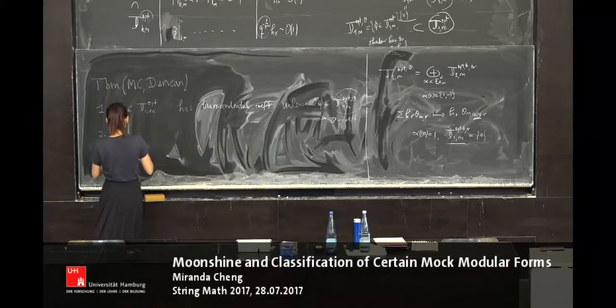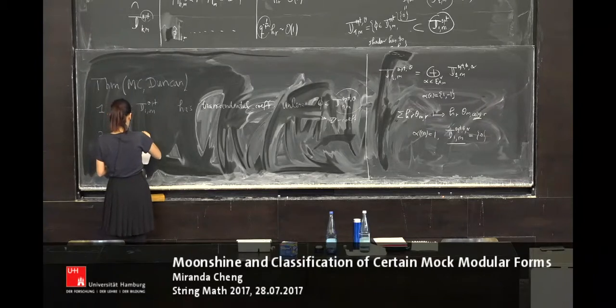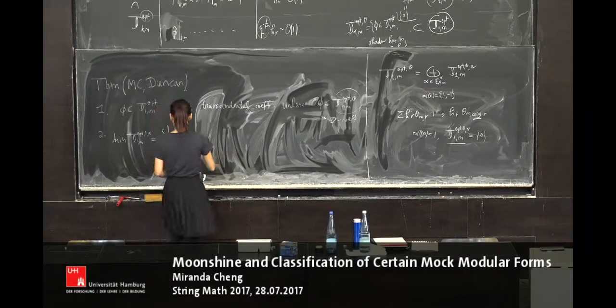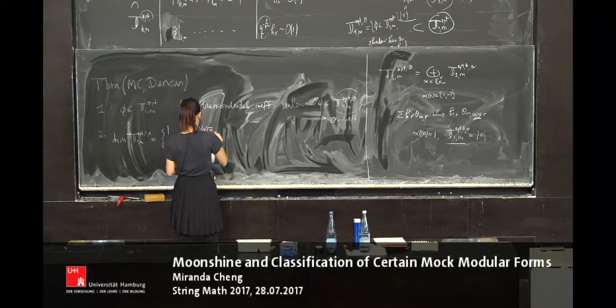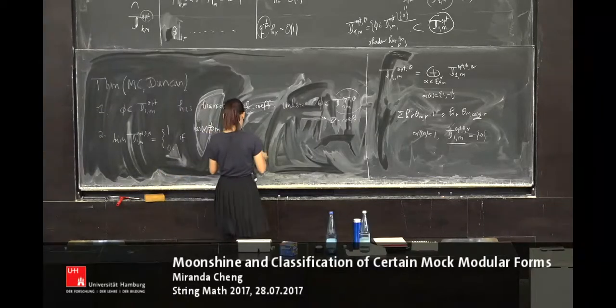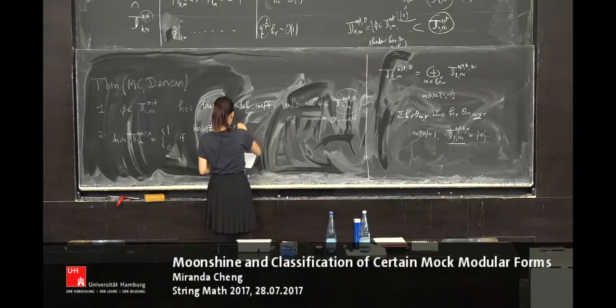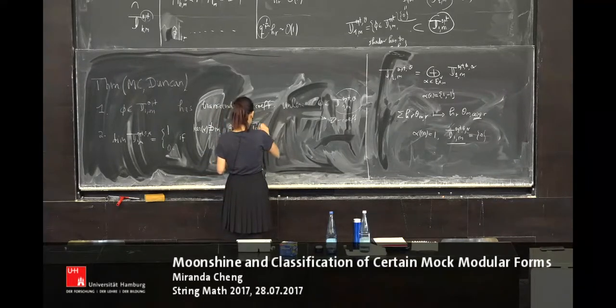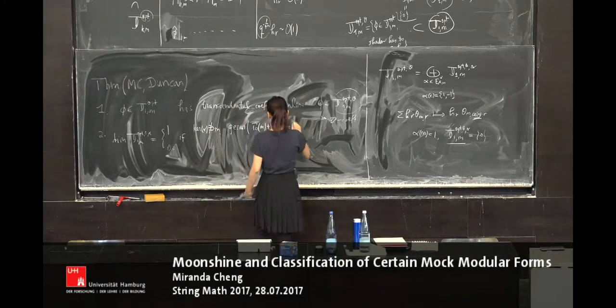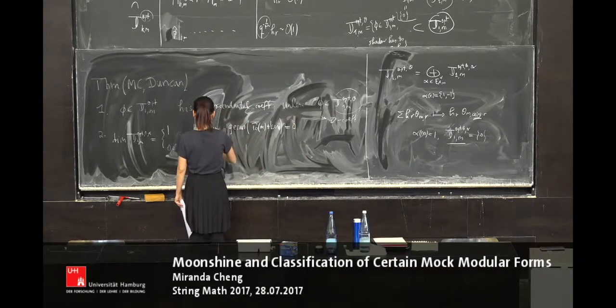So the result is that this space has dimension 0 or 1: it is 1 if indeed m gives minus 1 and if the genus of this group is 0, and 0 otherwise.